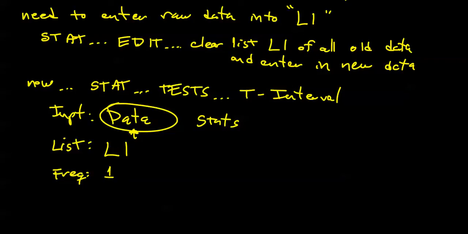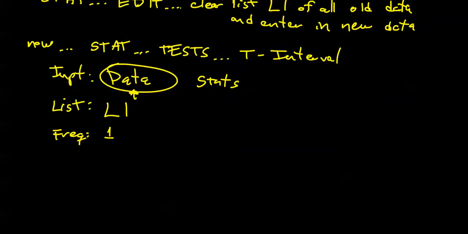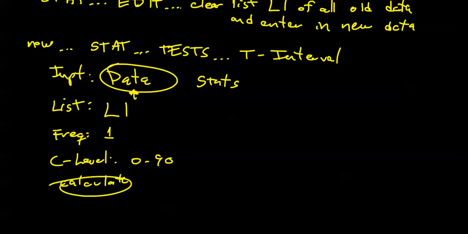Frequency, the default is 1, and I would just leave the frequency as 1. And the confidence level, again, we want a 90% confidence interval. Alright, once all that is entered, I'll cursor down to calculate and select, and we get the following result.